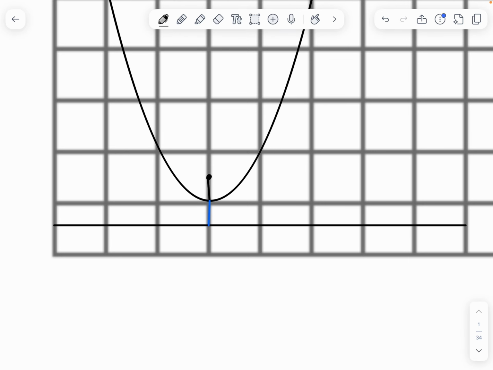So, for example, if we go here and then straight down, that will be the same distance. And that's basically what a focus says.